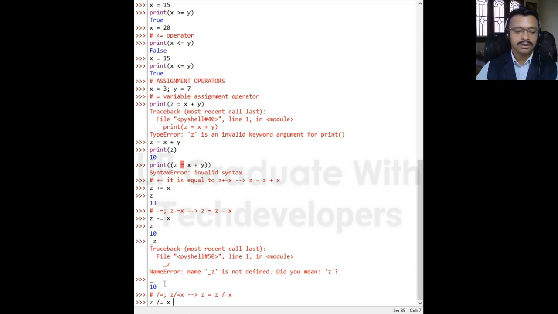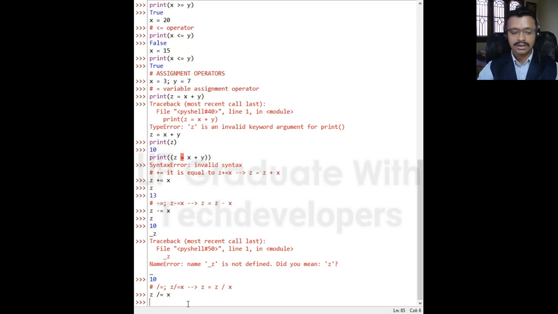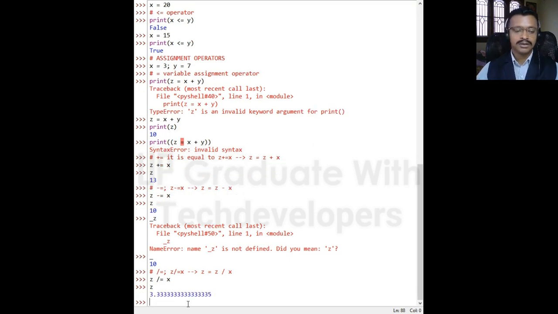So now remember that the recent value is 10, that is z, and x is 3. It has not changed. So 10 by 3, and the result will be assigned back to z. Let us see the result. 3.33. Yes, 10 divided by 3 is 3.333.